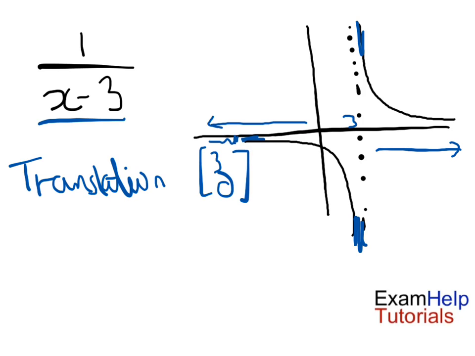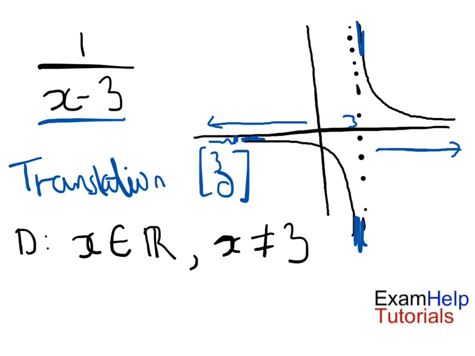So what is our domain? Well, our domain, D for that, it's not going to be 3, but it can be anything else. So we're going to give x to the subset of real numbers, but x must not equal 3.